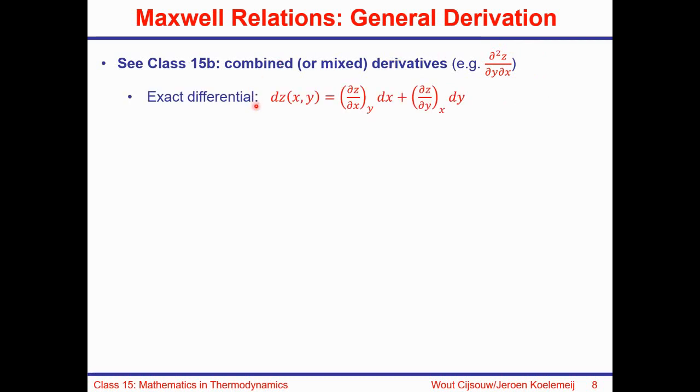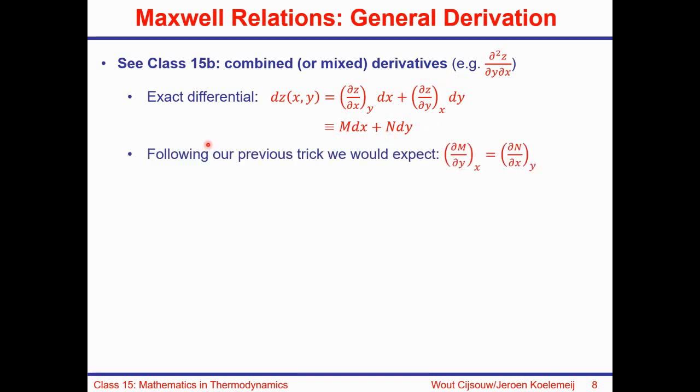Now we've also seen this total differential of a function z of variables x and y. I don't think we need to explain this, but what we do want to do is rewrite this such that this partial derivative becomes equal to m, and this partial derivative becomes equal to n.